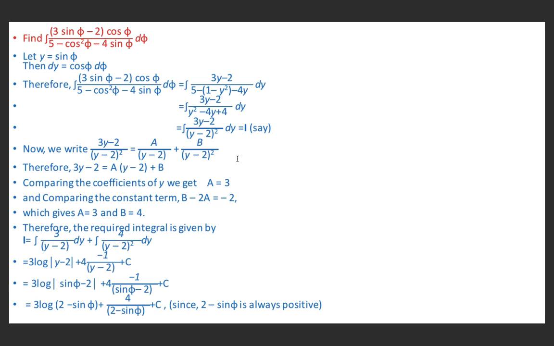Substitute the values here. So 3 upon y minus 2, 4 upon y minus 2 whole square. Now you know the integration of 1 upon y minus 2 is log y minus 2. It is a term of the form 1 upon x square, whose integration is minus 1 upon x. So it means minus 4 upon y minus 2 plus c.